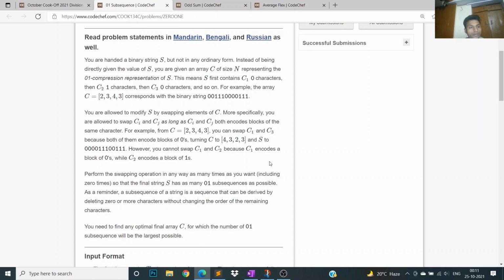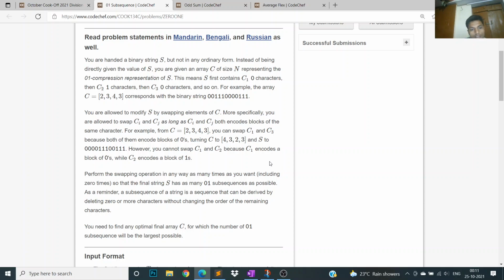More formally, you are allowed to swap Ci and Cj as long as both code blocks of the same character. For example, you can swap C1 and C3 because both of them are zeros, but otherwise you cannot swap C1 and C2.